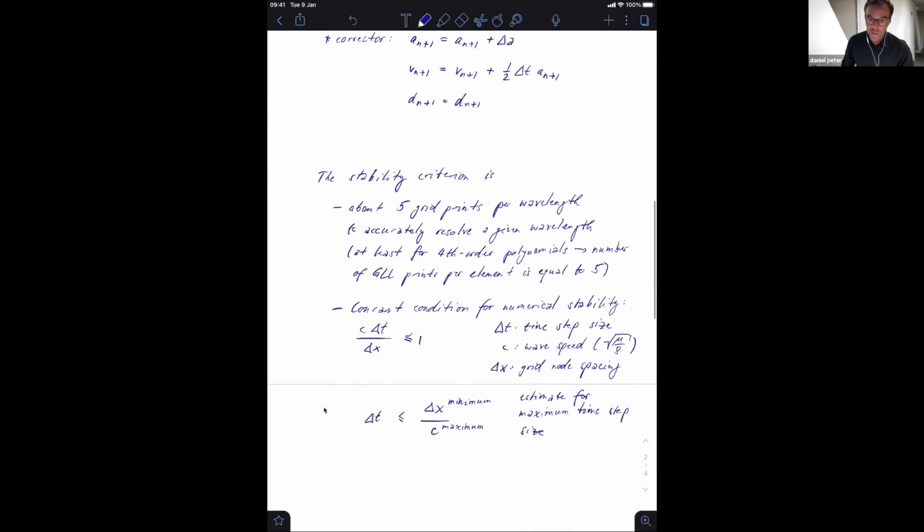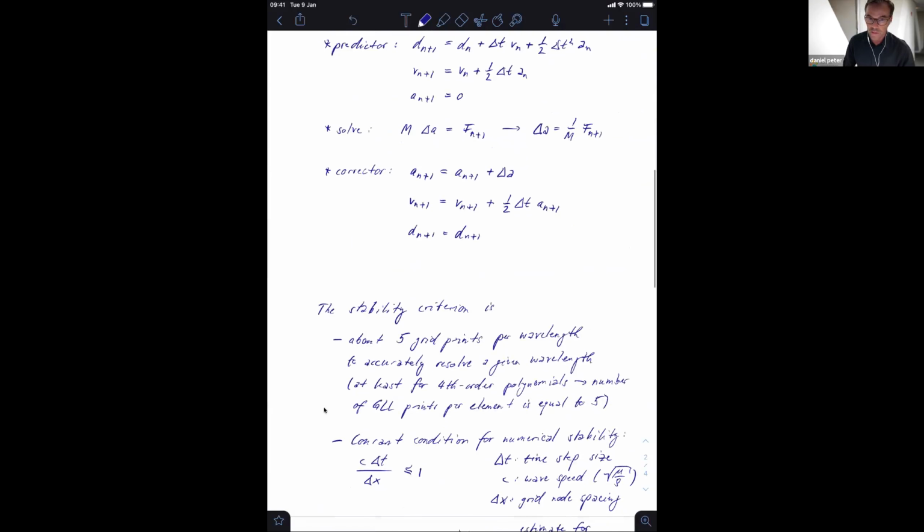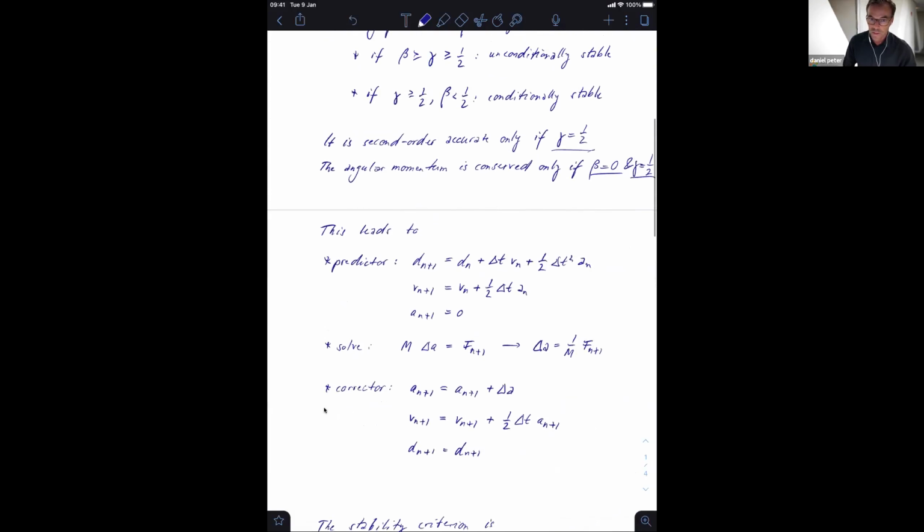One final remark is about the time step size here. Once we set delta t, it's delta t everywhere in the scheme. It applies to all the elements. So it's a global time step scheme that we have.